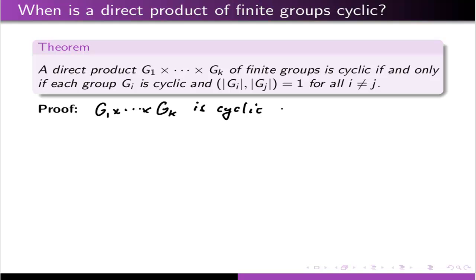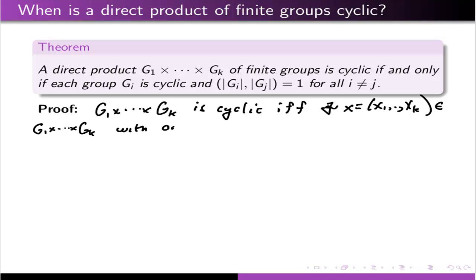What does that mean? If and only if there is some element that generates this group. So if and only if there exists some x equal to (x1, ..., xk) in this Cartesian product with the order of x equal to the order of the entire group.